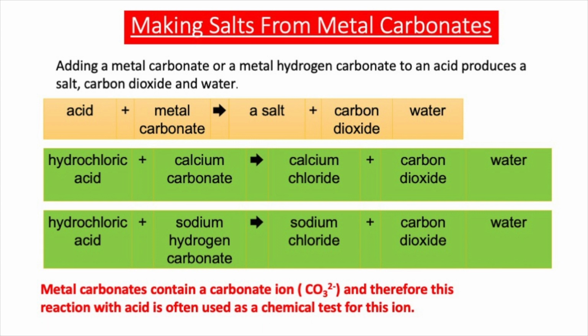So therefore it's a chemical test for a carbonate ion. Now this reaction is also used to test for acids sometimes, because if you add a carbonate to an acid, again you observe fizzing because carbon dioxide is produced, and therefore it's a positive confirmation that you'd have an acid. Now this test is particularly important in organic chemistry, where metal carbonates or metal hydrogen carbonates are often used to test for the presence of organic acids such as ethanoic acid.